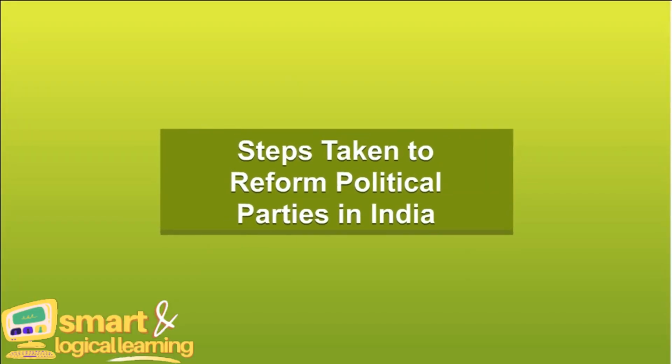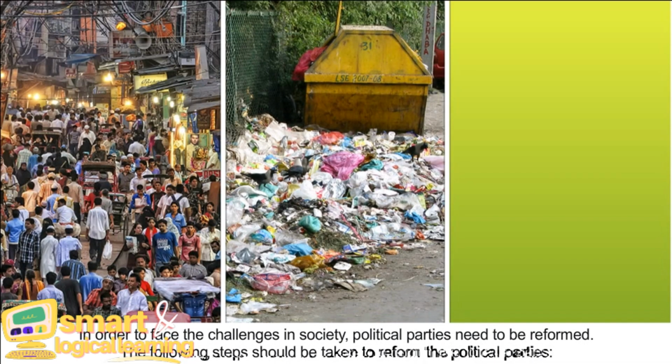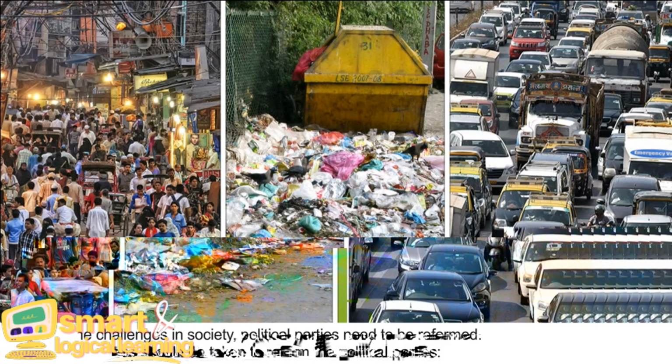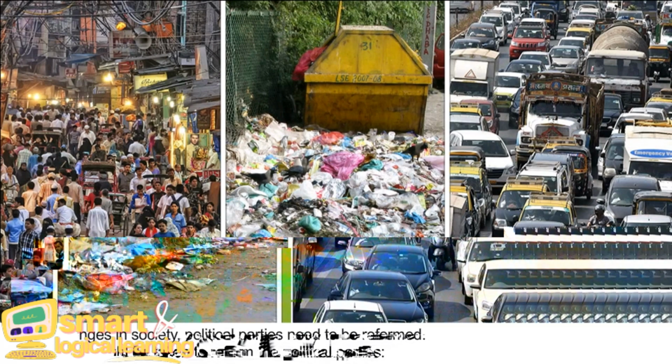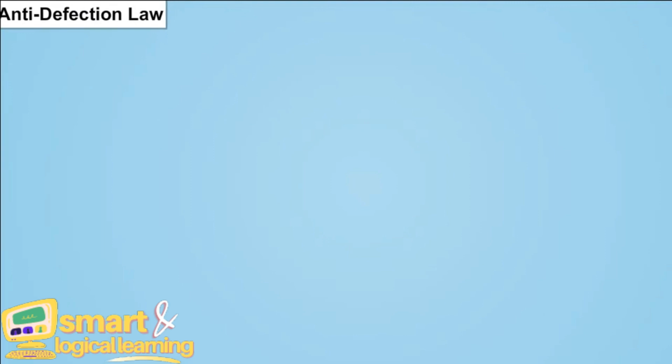Steps taken to reform political parties in India. In order to face the challenges in society, political parties need to be reformed. The following steps should be taken to reform the political parties. Anti-defection law.